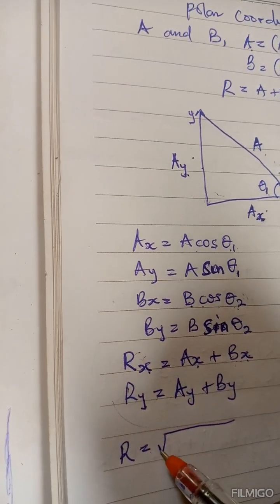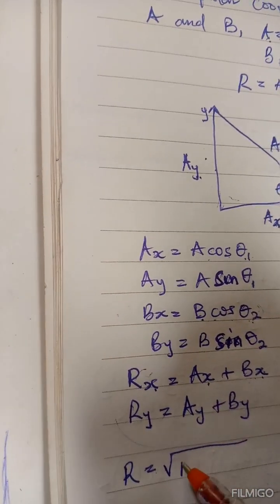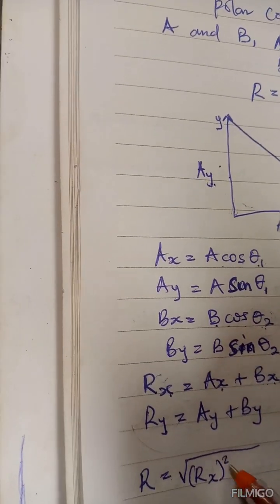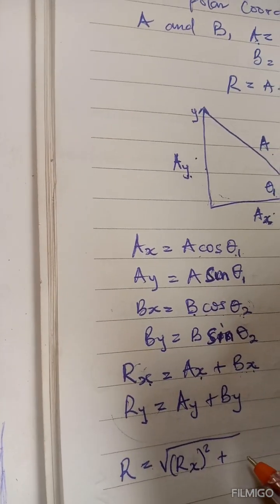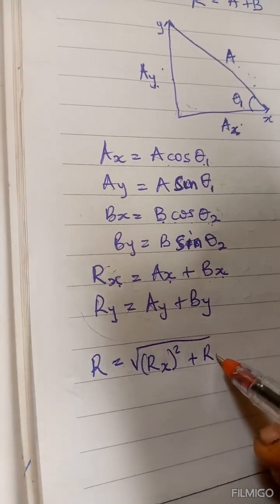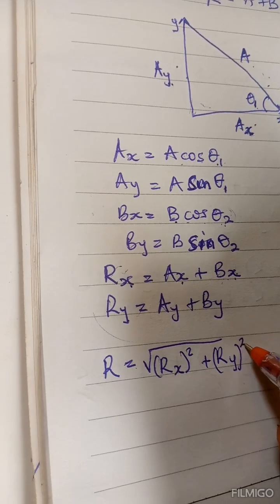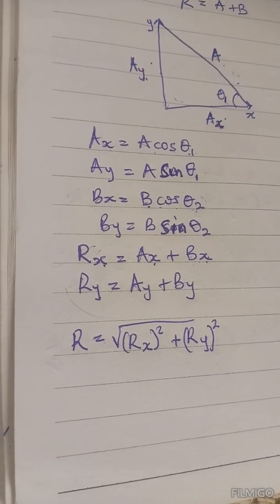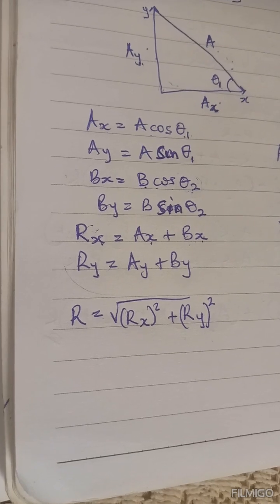So r equals the square root of rx all squared plus ry all squared. This is how I get my total resultant vector.